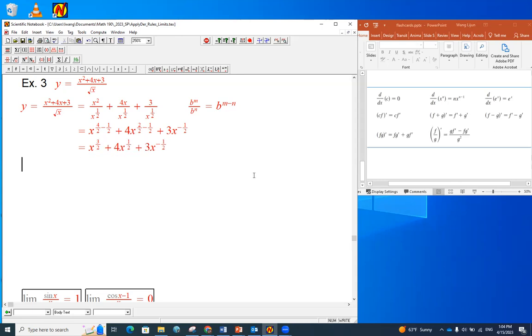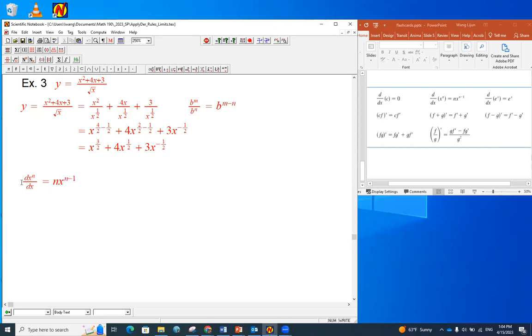And then we're going to take a derivative, and for each one, we're going to apply this formula. The derivative of x raised to the power of n with respect to x equals n times x raised to the power of n minus 1.